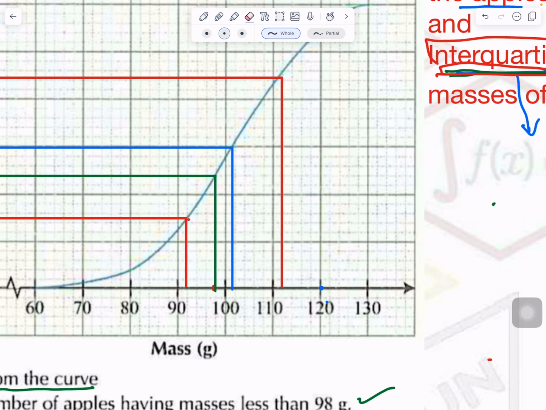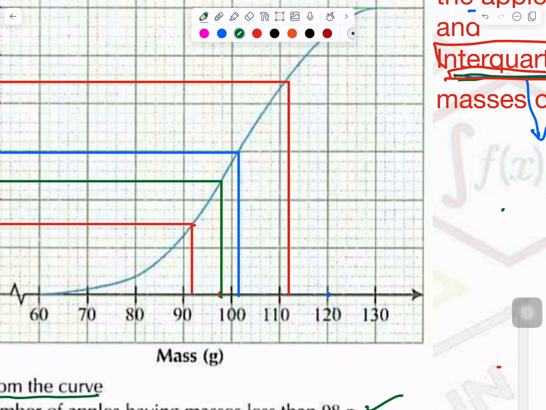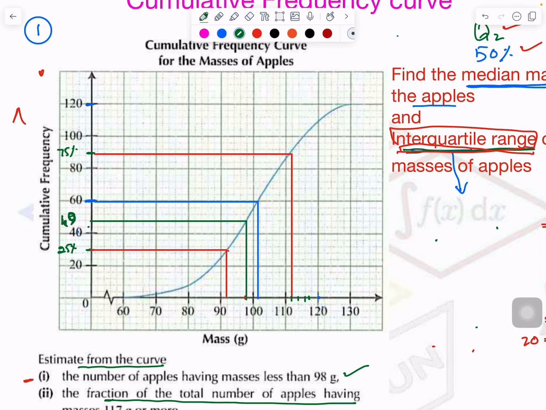So let me see, where is 117 first of all. So this is 112, 114, 116, 117 is in the middle somewhere here, right? So I will go from here 117, okay, all the way. Then from here I will go here, and it will be 104.